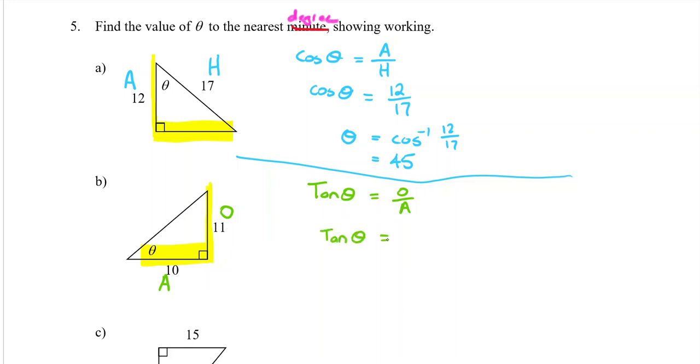Second line, we still don't know what the theta is, but we're going to sub the numbers in, the O and the A. O is 11 for the top, and A is 10 for the bottom. 11 on top, 10 on the bottom. Next step, get the theta by itself by sliding the tan across to the other side, which makes an inverse tan of 11 over 10, and type that into your calculator.